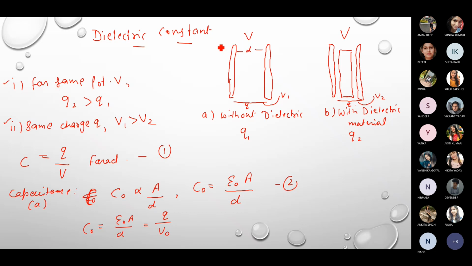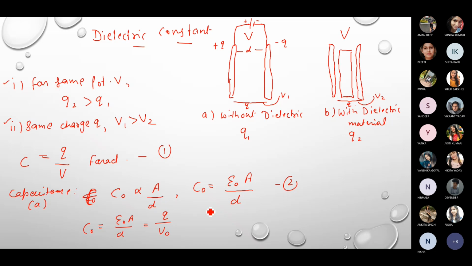So we assume that plus Q is the charge on one plate, minus Q is the charge on the other plate, and they are connected to a source, this is positive, this is negative.